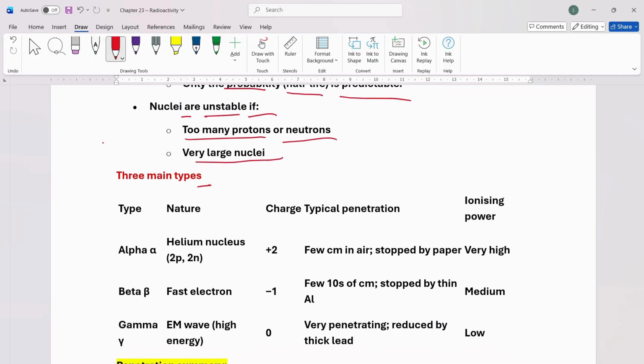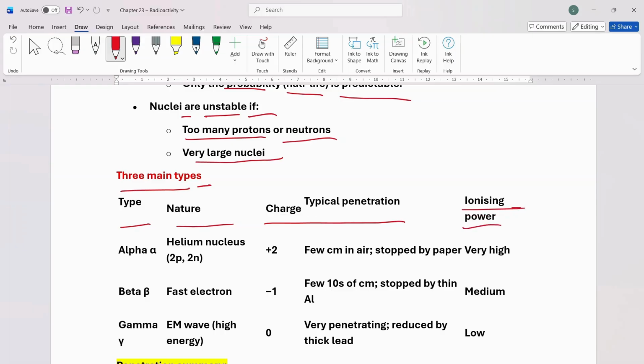Three main types, with their nature, typical penetration, charges, and ionizing power. For alpha particles, a helium nucleus with 2 protons and 2 neutrons, charge is plus 2, range a few centimeters in air, stopped by paper, and ionization is very high.